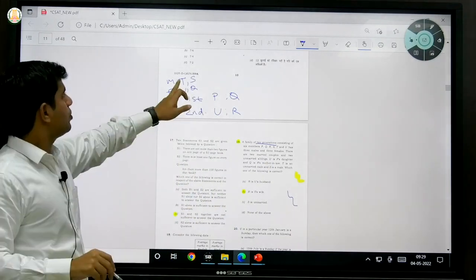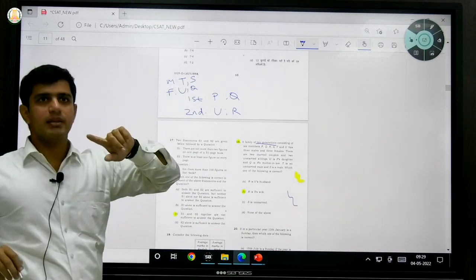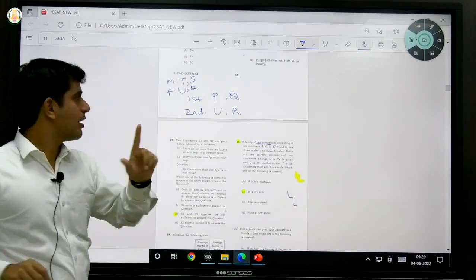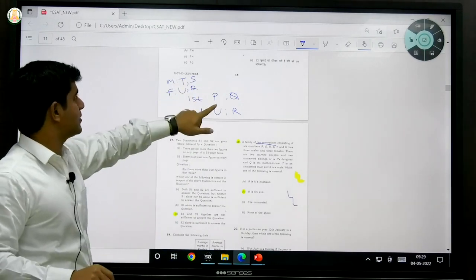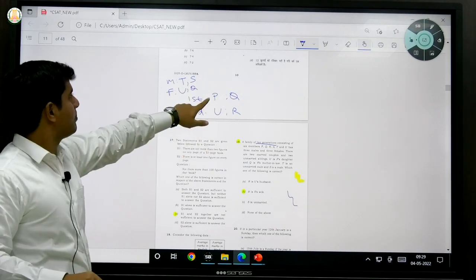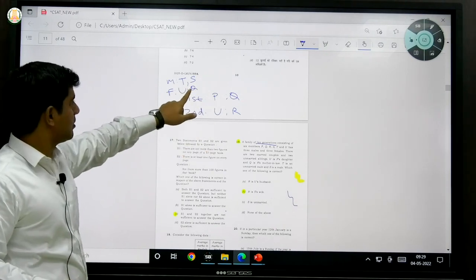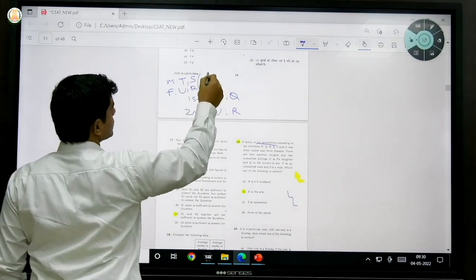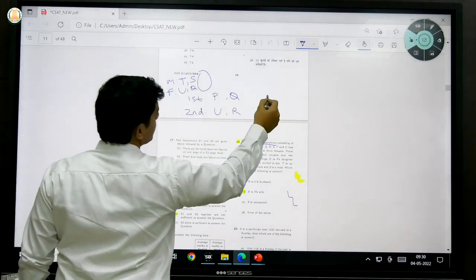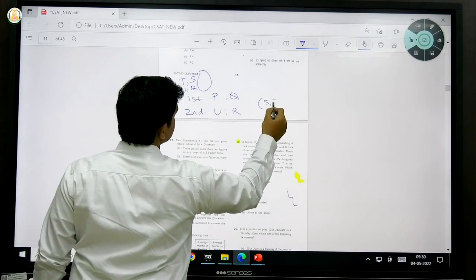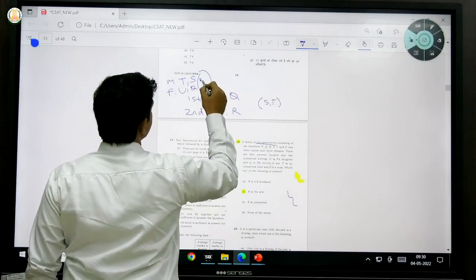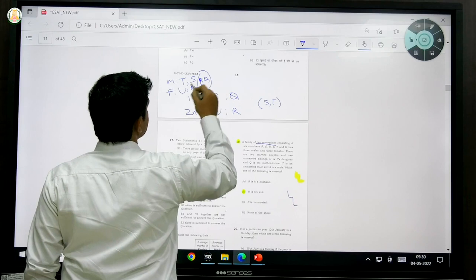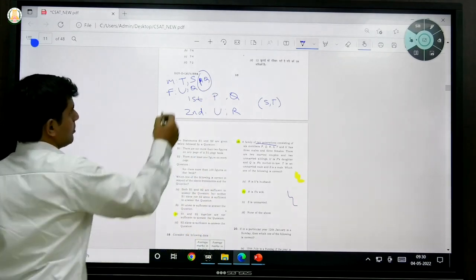Now T should have another sibling who is a female, but we don't know who that is. But we know P belongs to... what else is left here? Here we have P, Q, R. So what is missing? S and T are missing. Sorry, P and R are missing.